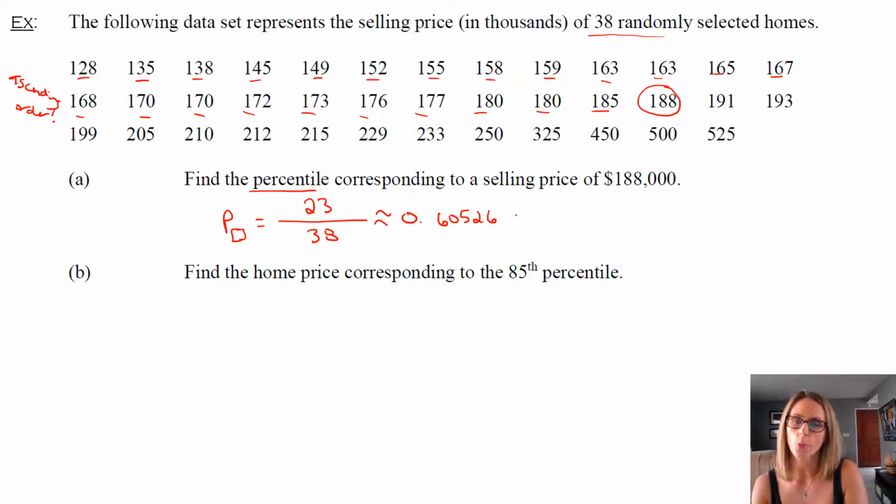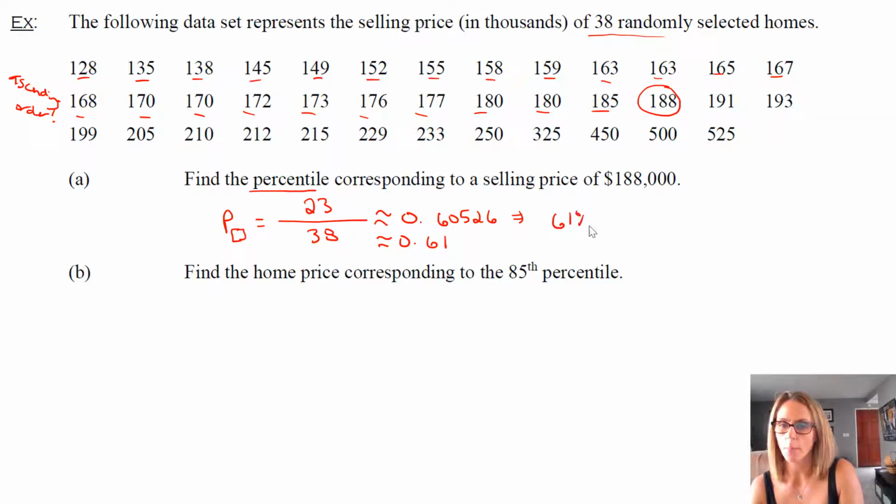And then typically we would round that, so that's about 0.61, which changing into a percent would be 61%. So that's going to be the 61st percentile.